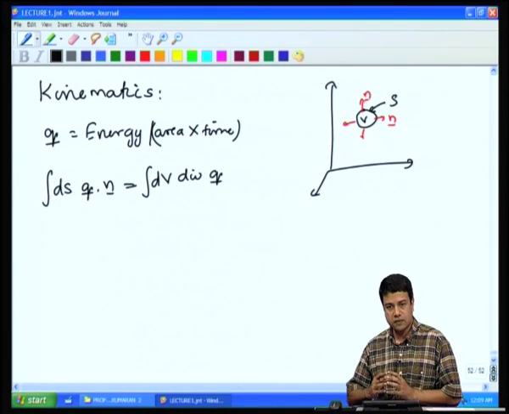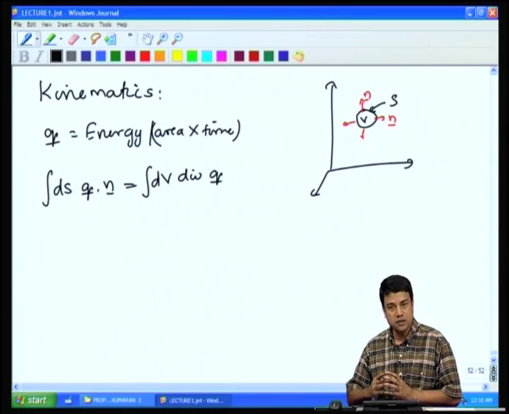So, divergence of q basically tells you, okay, if you integrate this divergence of q over the volume, it basically tells you whether there is a net source of energy within this volume or not. If there is no net source of energy within this volume, the integral over the surface of q dot n has to be equal to 0. Therefore, the integral over the volume of divergence of q has to be equal to 0.